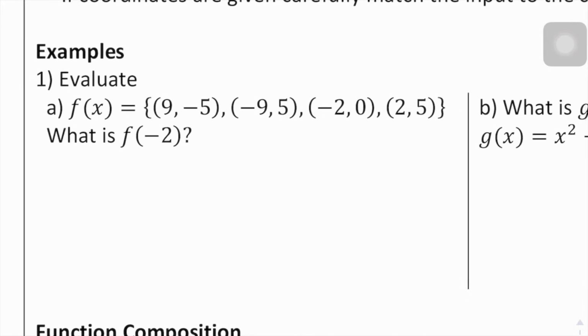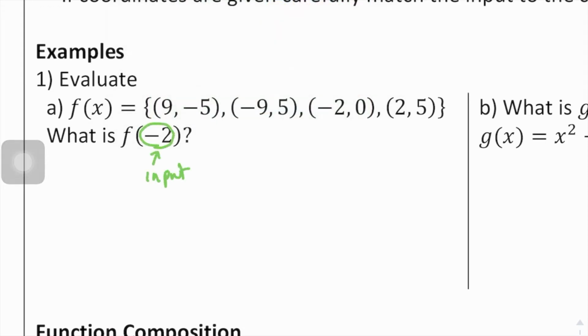So we want you to evaluate. They give us the function, and it's in a set of ordered pairs. So we have 4 ordered pairs. Then they ask us, well, what is f of -2? So this is our input. So immediately you should be thinking this -2 is the input.